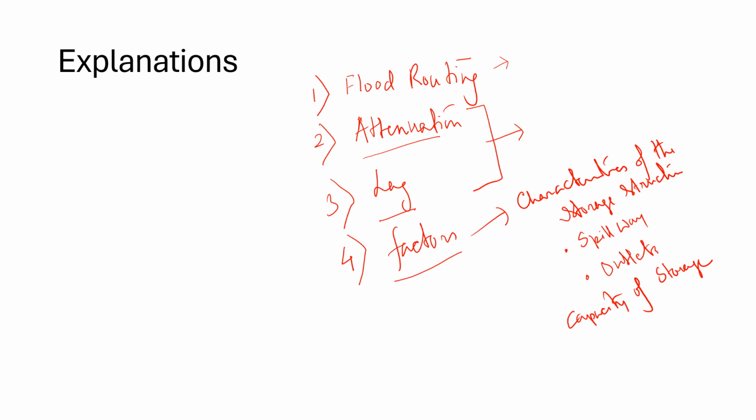And when it controls the attenuation and lag, it also controls the flood routing. As you know, flood routing is nothing but the estimation of outflow hydrograph from the inflow hydrograph, which has the potential to cause flooding in the downstream.